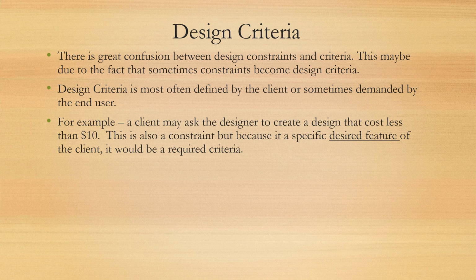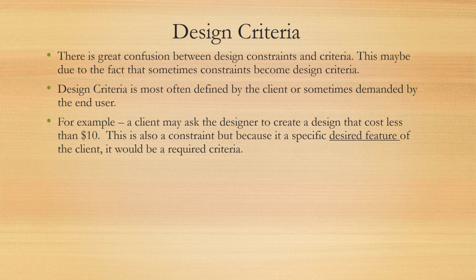One example might be a client specifically coming to a designer or design team and saying, I want this thing to cost less than $10. This must be less than $10 for this final design solution. And I believe at that point it goes from just kind of a constraint to a specific desired feature.